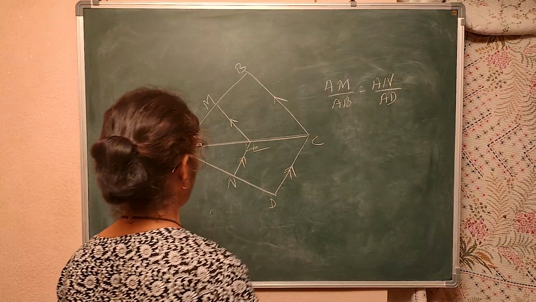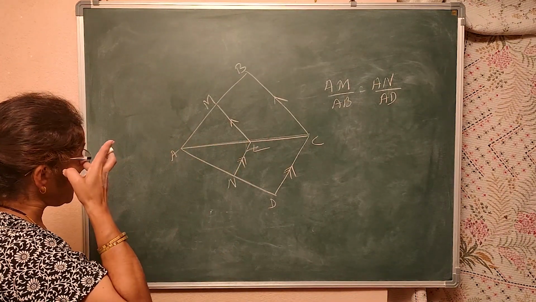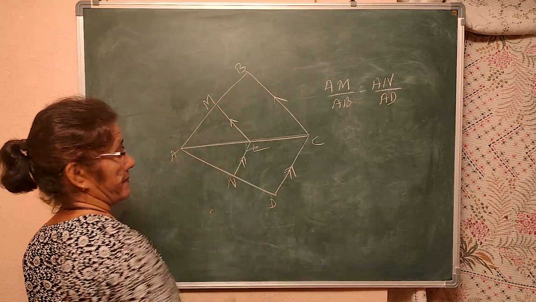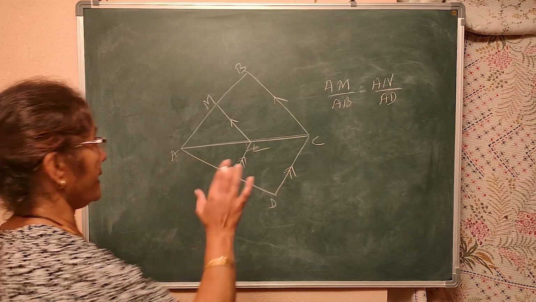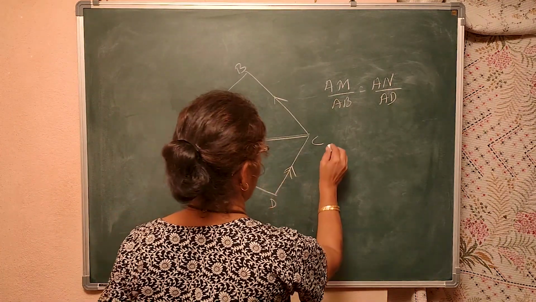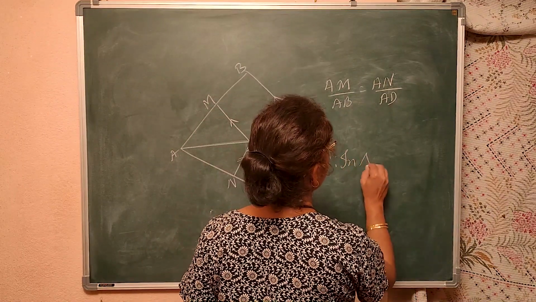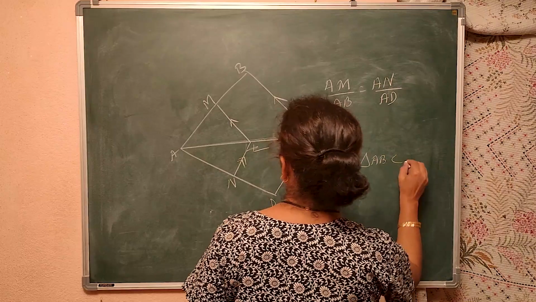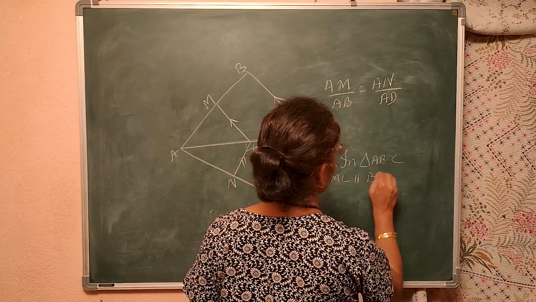Now come back. When this is parallel to this, I want AM by AB. So accordingly you have to plan. In triangle ABC, my solution starts. In triangle ABC, what can I write down? ML is parallel to BC.